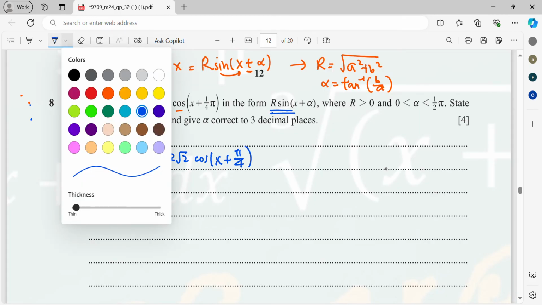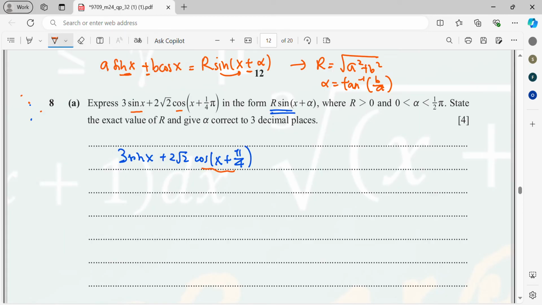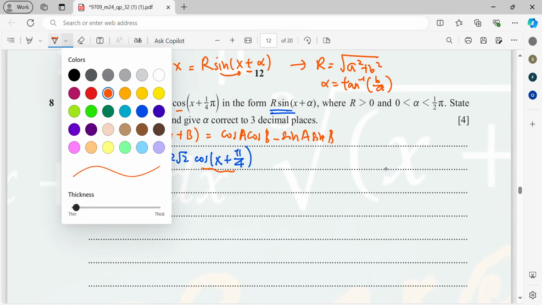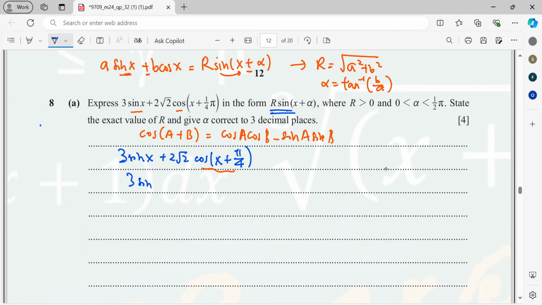Now, for the cos of x plus pi over 4, I'm going to use the cos a plus b formula. That is cos a cos b minus sin a sin b. Okay, this is the formula. Then now here, I will be getting 3 sin x plus 2 root 2 times cos x cos pi over 4 minus sin x sin pi over 4.